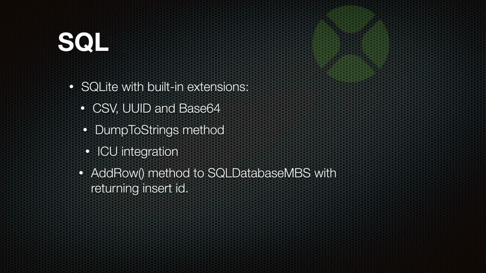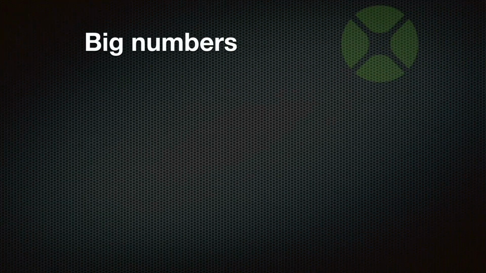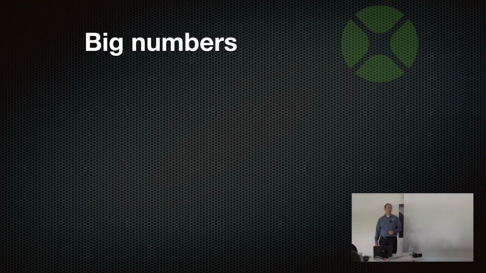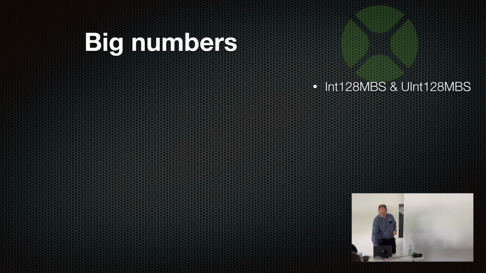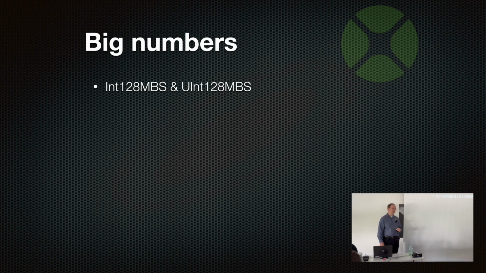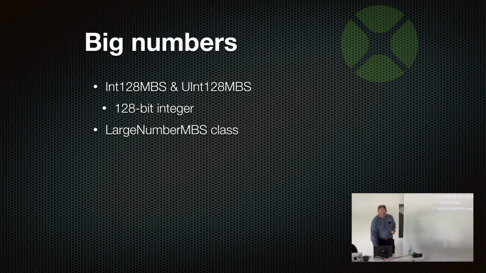Then people love to calculate with big numbers. Really big numbers. A 64-bit integer is not enough. We recently added 128-bit integers. But that may not be enough. So we also got LargeNumber, which is a 1200-bit integer.